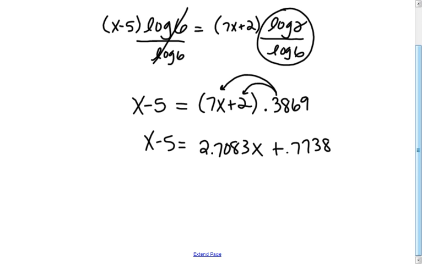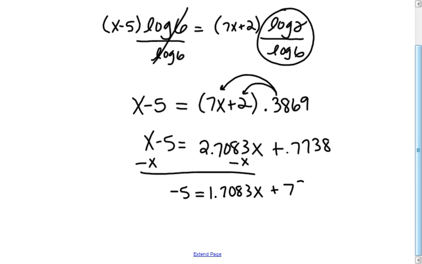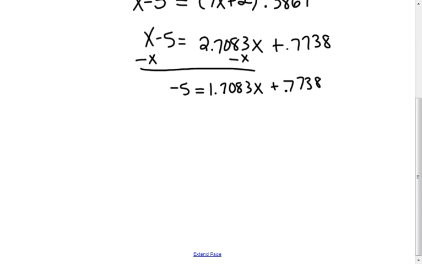All right, and then of course now you just need to solve algebraically, and so I will subtract x, and I will have negative 5 equals 1.7083x plus 0.7738, and then subtract 0.7738.